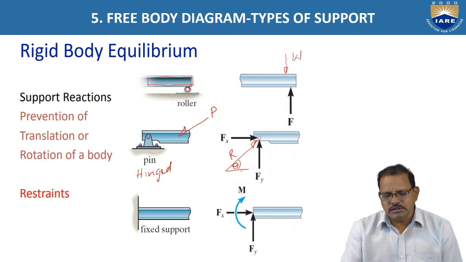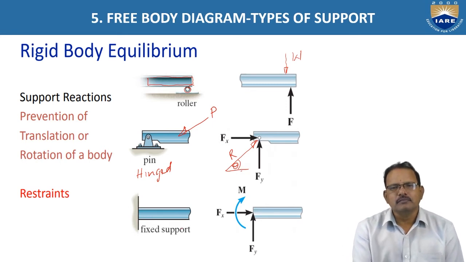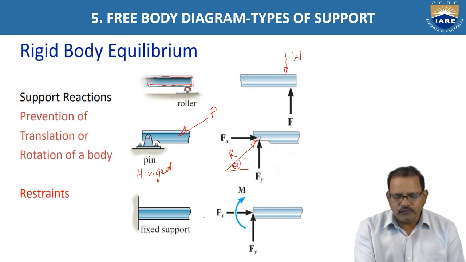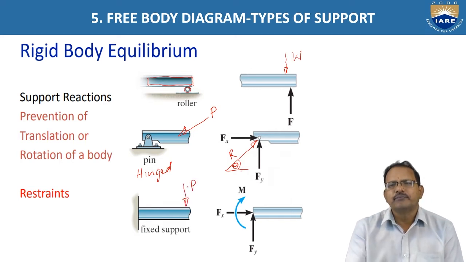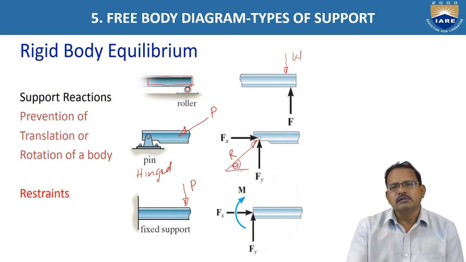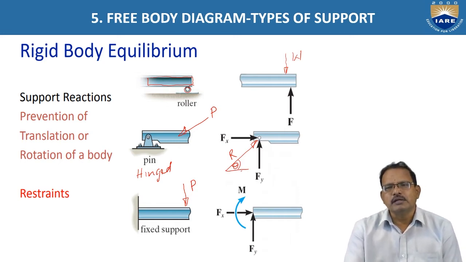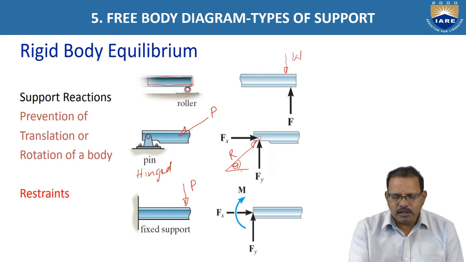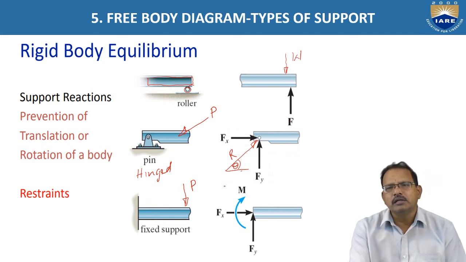The third one is the fixed support. Even though the force is acting on it, it will not be deflected at a fixed end. Hence, in order to keep the body in equilibrium at a fixed end, it prevents its motion in the downward direction as well as the x direction.